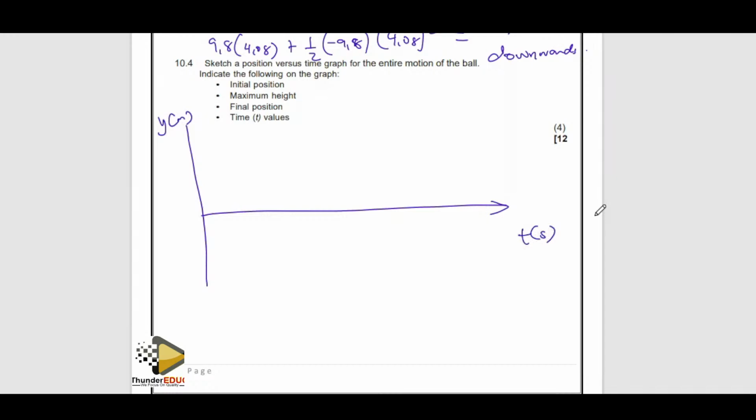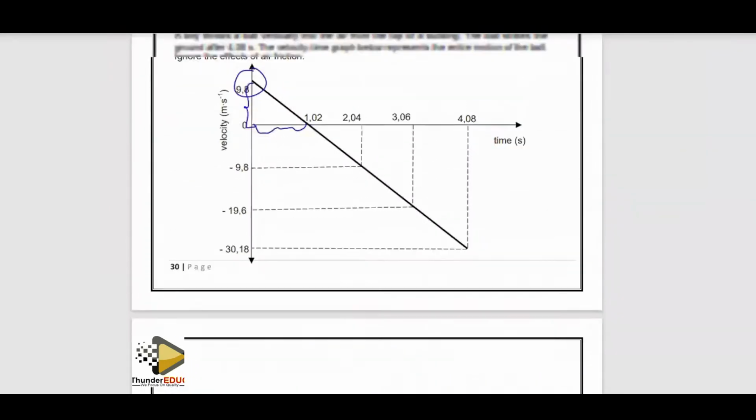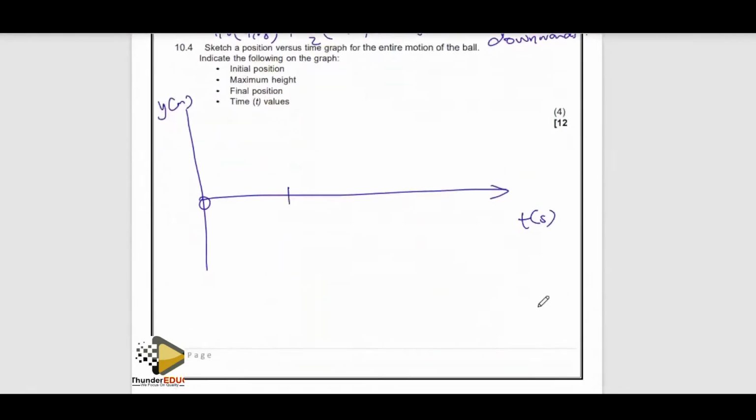So number one, where did the graph start from, or where did the object start? That is the 0. And at what time was the velocity 0? It's after 1.02. So at 1.02 the velocity was 0, so that's the maximum displacement.